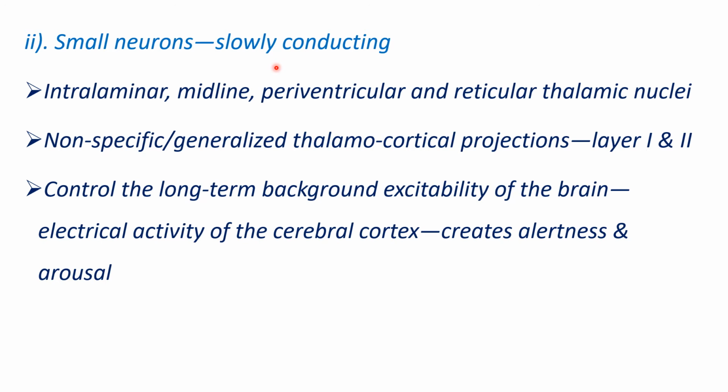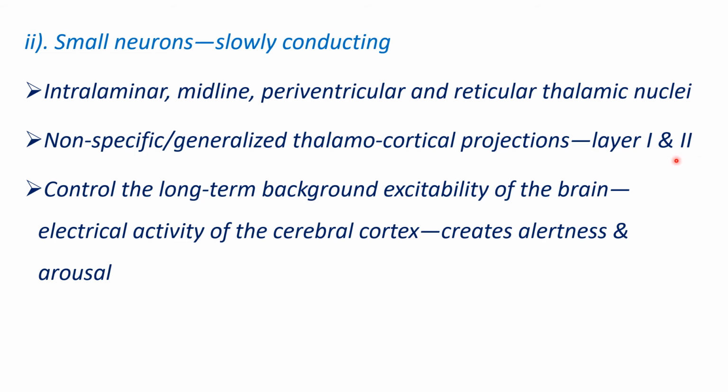So most of this passes to the thalamus, especially to the intralaminar, midline, periventricular and reticular thalamic nuclei. From here, the fibers are relayed via the non-specific generalized thalamocortical projections to layer 1 and 2 of the cerebral cortex.